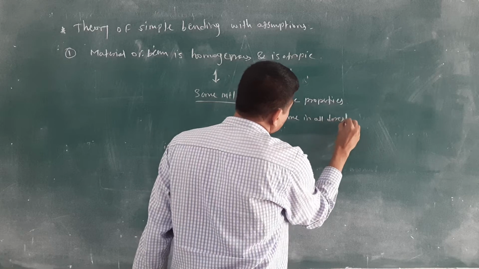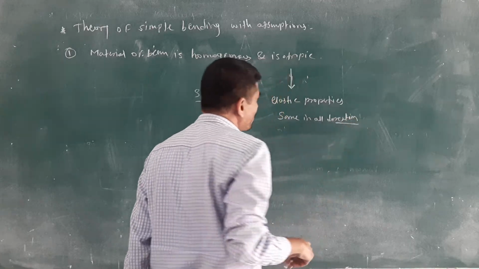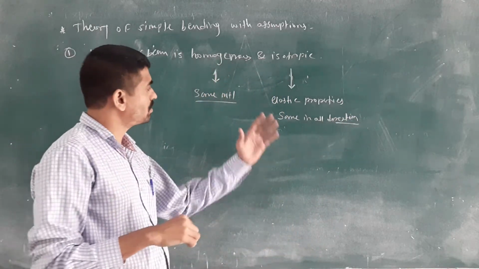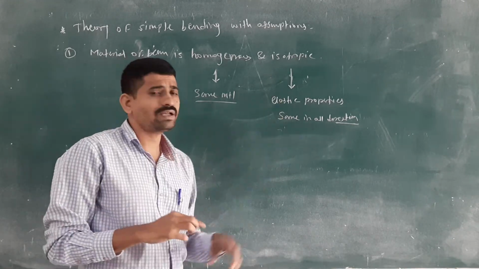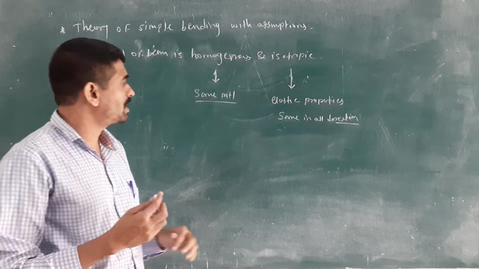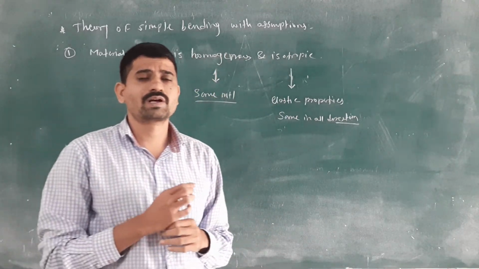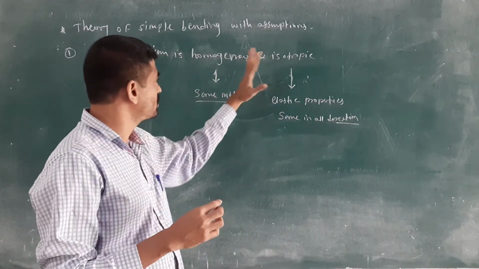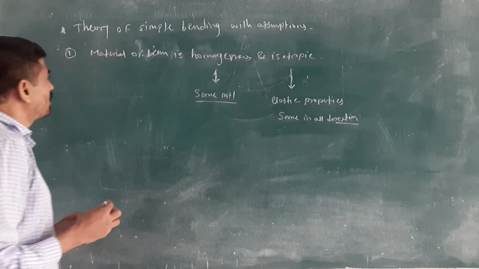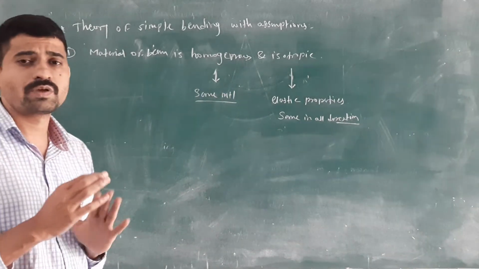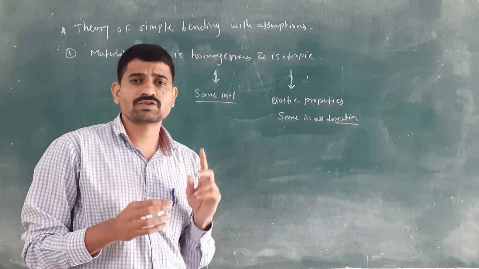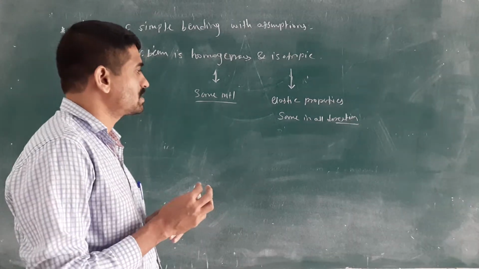If you are checking in the x direction, y direction, z direction or any other direction, you will get the same elastic property in all directions in an isotropic material. Remember the meaning, homogeneous and isotropic. The material of the beam should be homogeneous and isotropic. This is the first assumption.